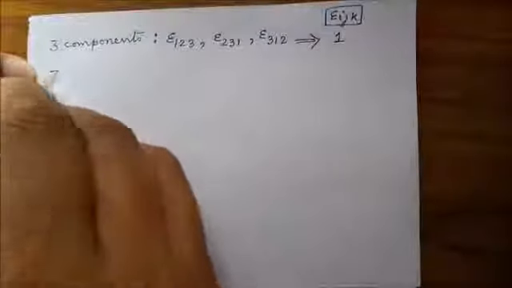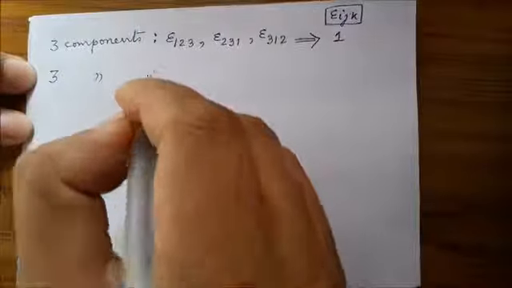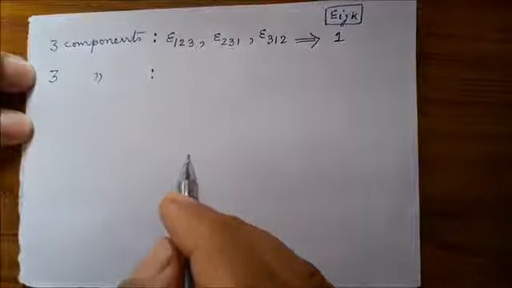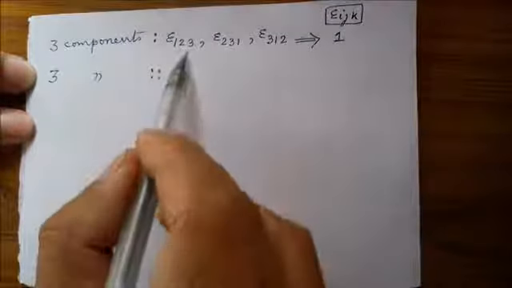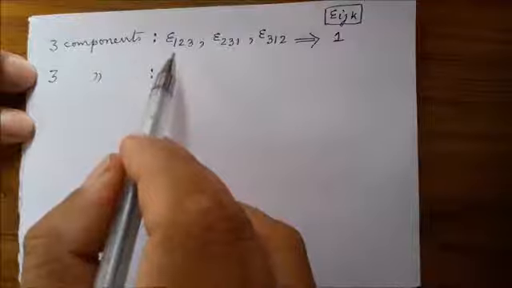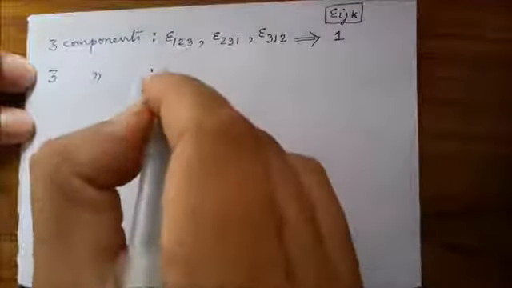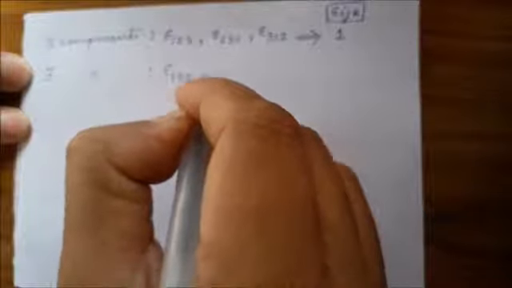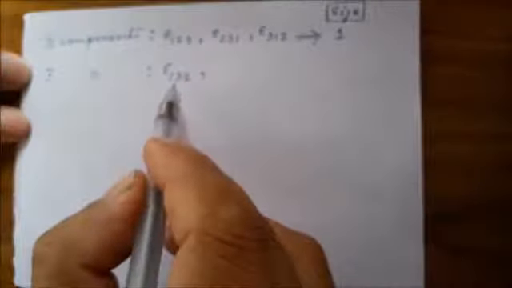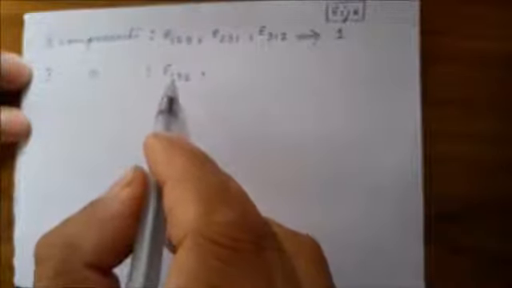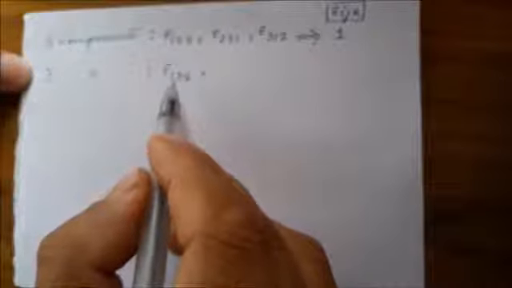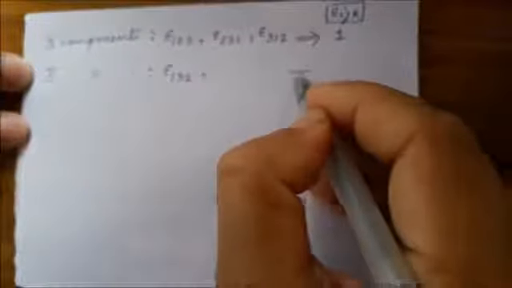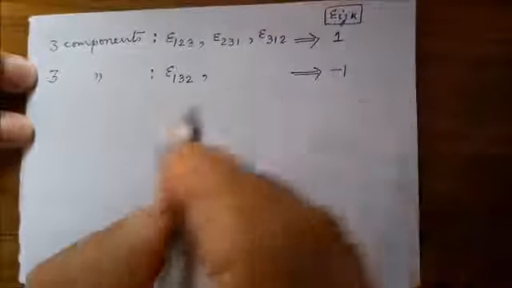There will be three components which involve anticyclic occurrence of these three numerics 1, 2, 3. For instance, 1, 3, 2, the cycle is broken here. After 1, 2 should have come, but we have put 3 here, and its value is -1.